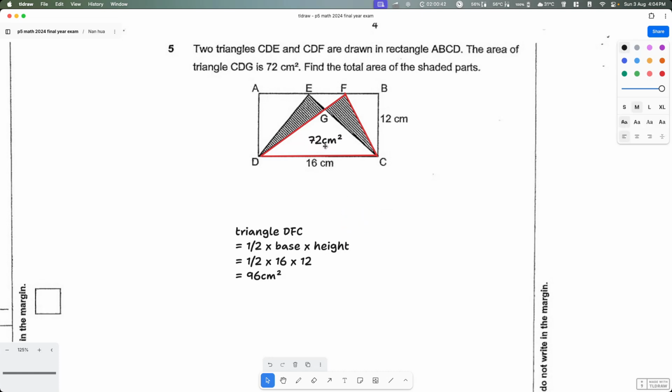So triangle DFC shaded part is equal to 96 minus 72 equal to 24 centimeter square.